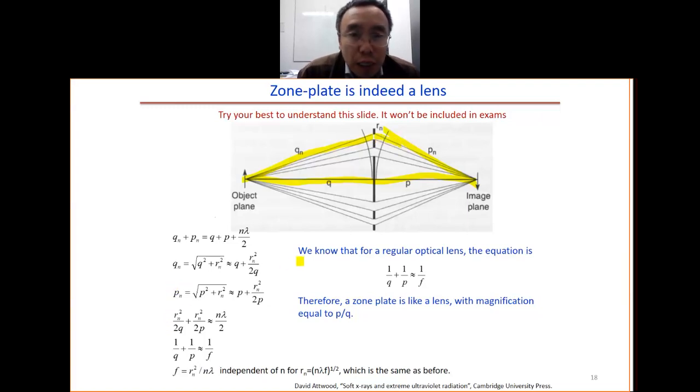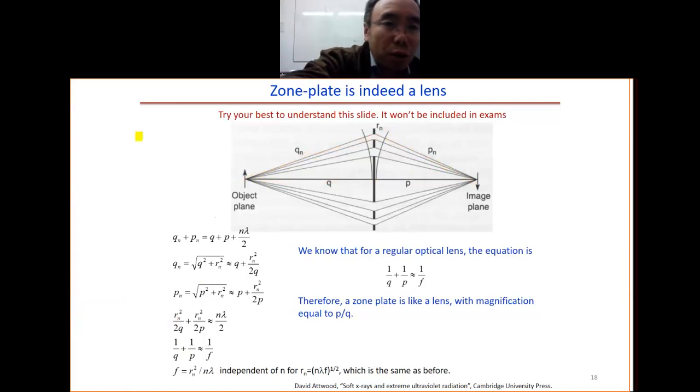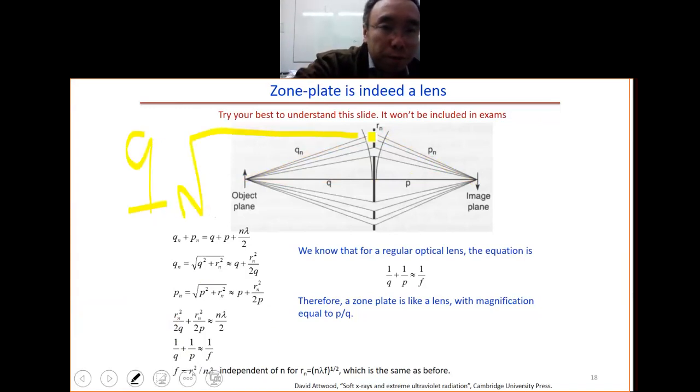So we know Qn equals the square root of Q squared plus Rn squared. We want to know what the case is for this one, so we do some approximation. We take the Q out, so this equals Q times the square root of 1 plus Rn squared over Q squared.